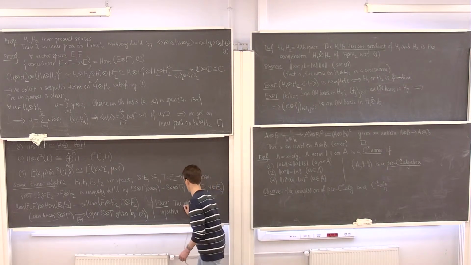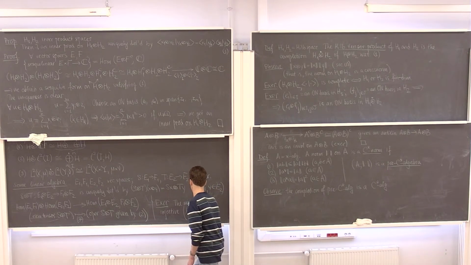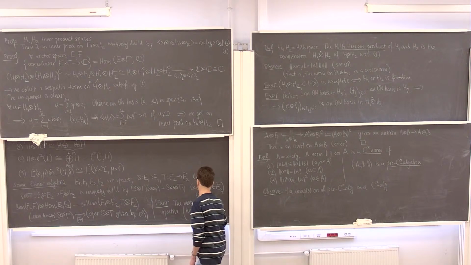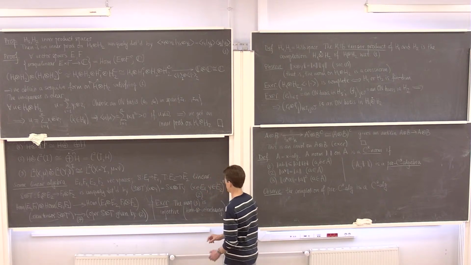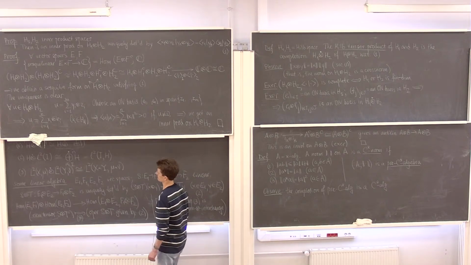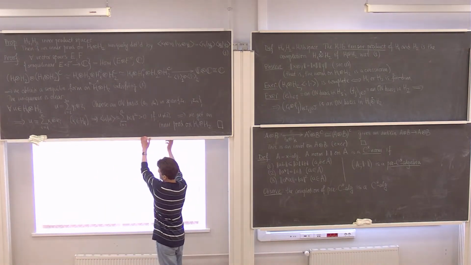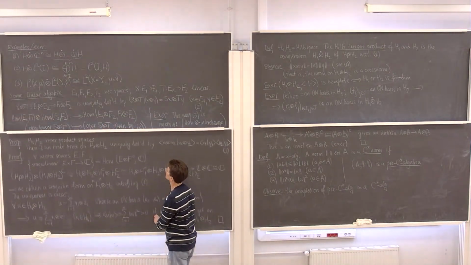Sometimes this map is called the hom-tensor interchange. Okay, so these are some basic facts from linear algebra.